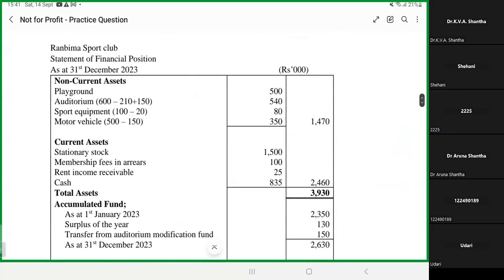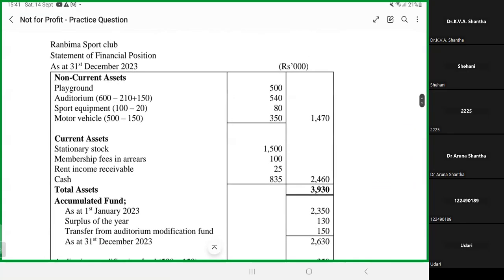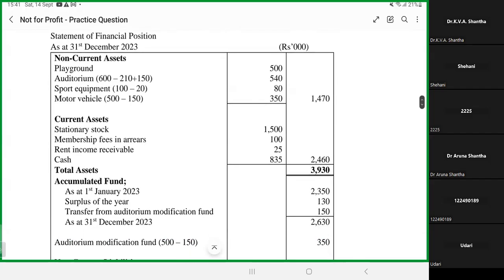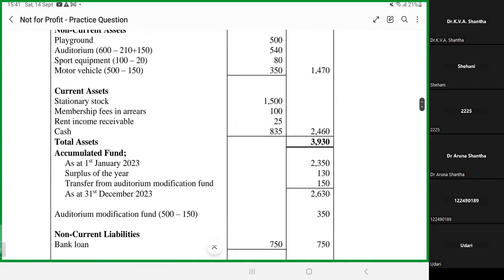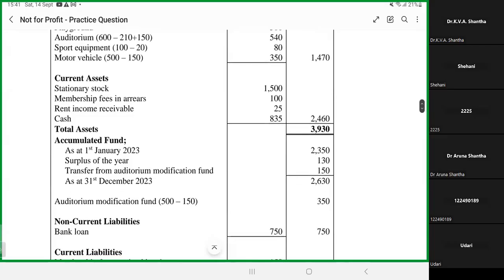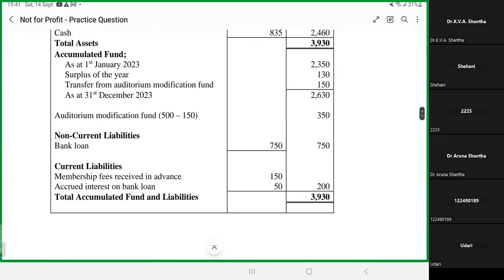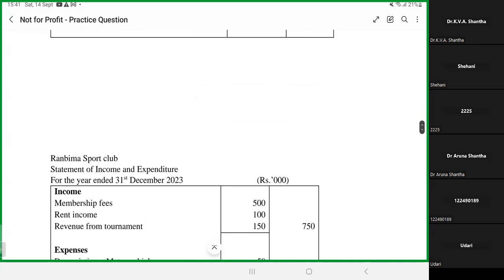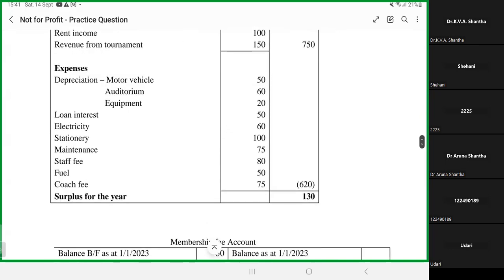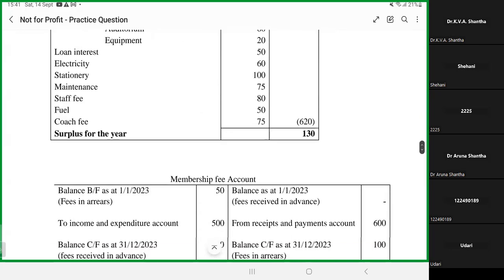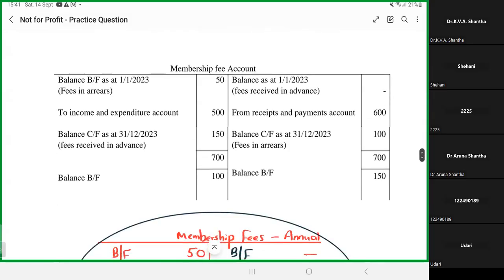First costs, after that depreciation, then finally you find the carrying value. The total carrying value is 1,320.